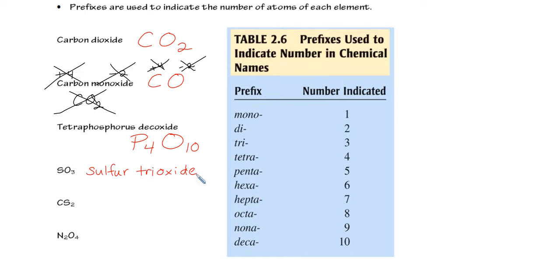Mono is necessary on the second element. So if you had something like SO, then I would need to say sulfur monoxide, kind of like carbon monoxide. I have to use mono on the second element, but it's not necessary on the first. So I could say here carbon disulfide.